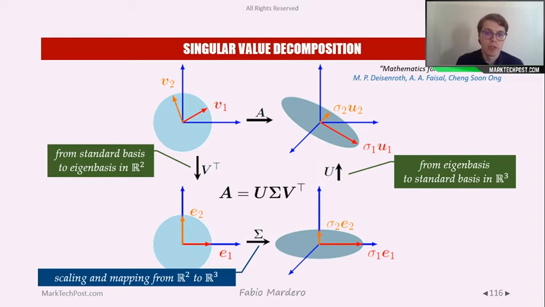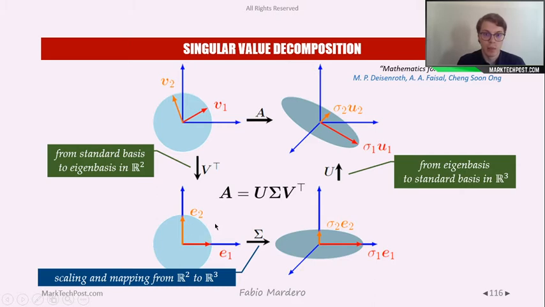As we have previously seen with the Eigendecomposition, here we can represent the singular value decomposition. We start from the top left corner, in which we have a space described by the canonical basis. We then apply the square matrix V transpose, which transforms the vector from the standard basis to the eigenbasis in the 2D plane.